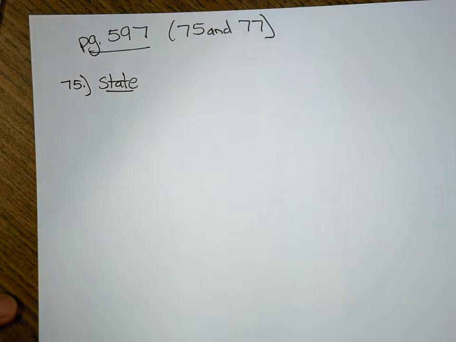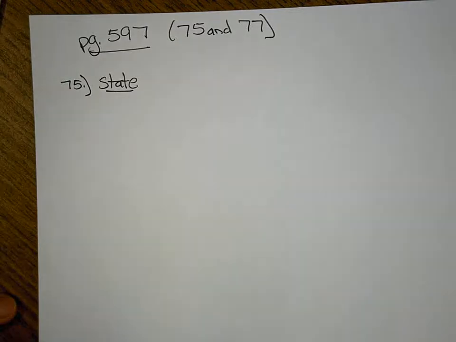For my state, look back at the problem. We're looking at the mean amount of milligrams that 18 to 24-year-olds consume. So they measured the daily calcium intake of a random sample of 36 women.